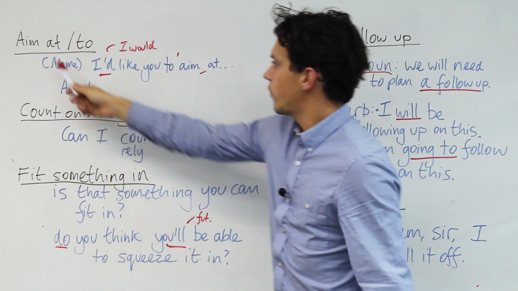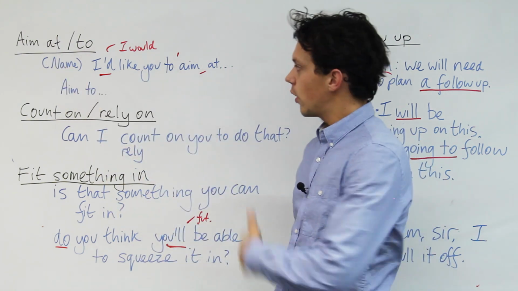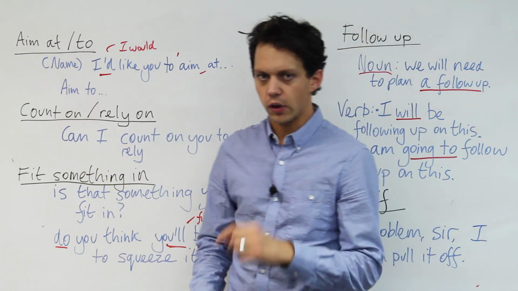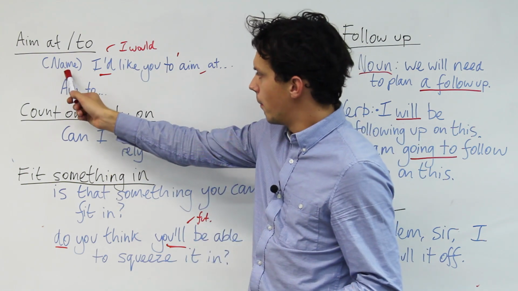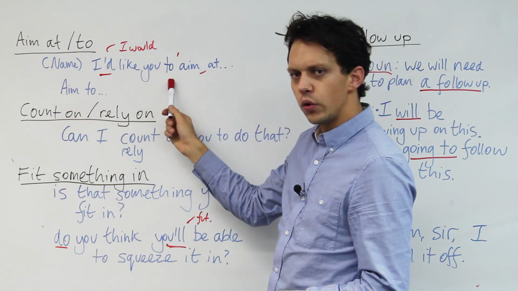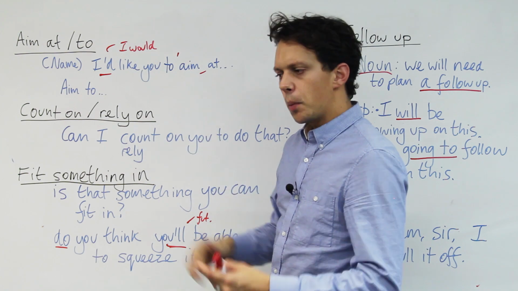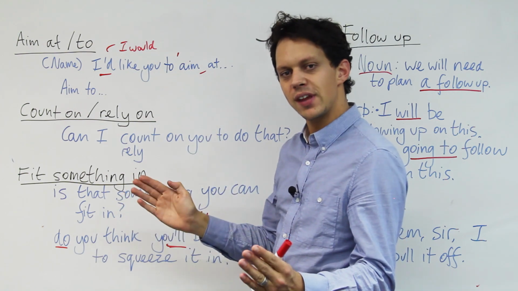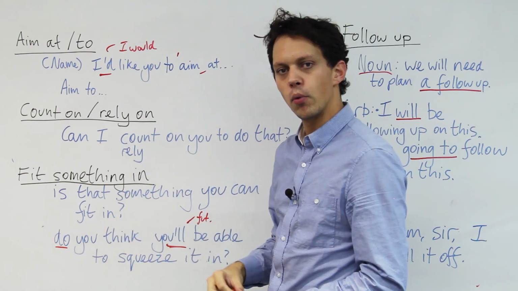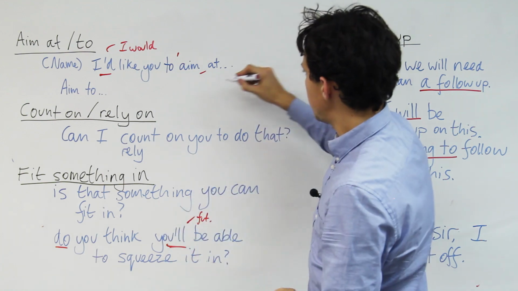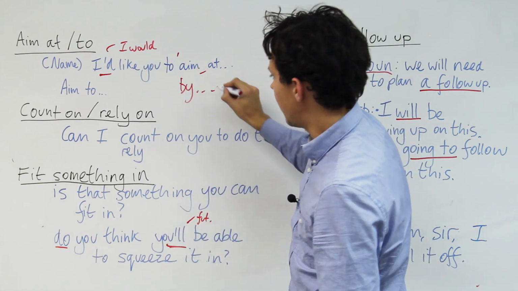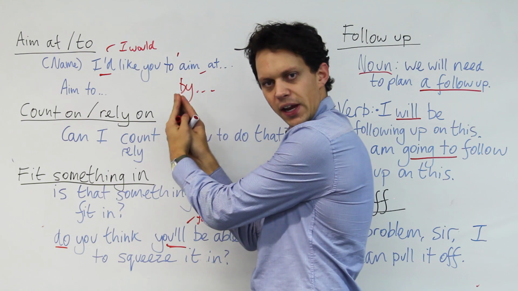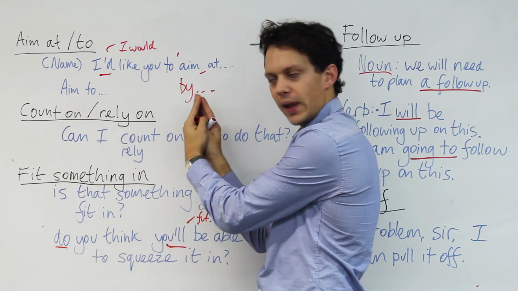Good. So first one, aim at or aim to. So we could say, Bob, I'd like you to aim at producing that presentation by Tuesday morning. Okay? So when we use by, we introduce a deadline that they have to finish it by.